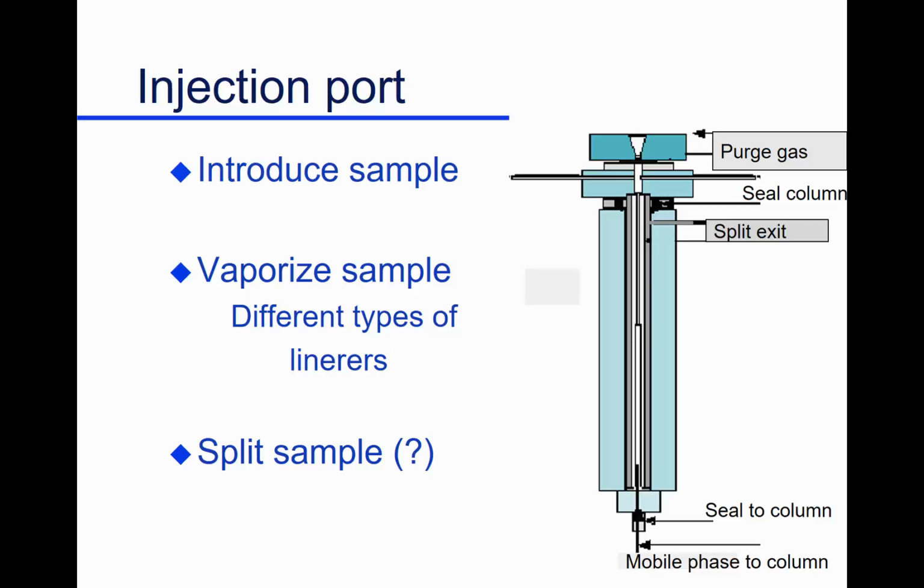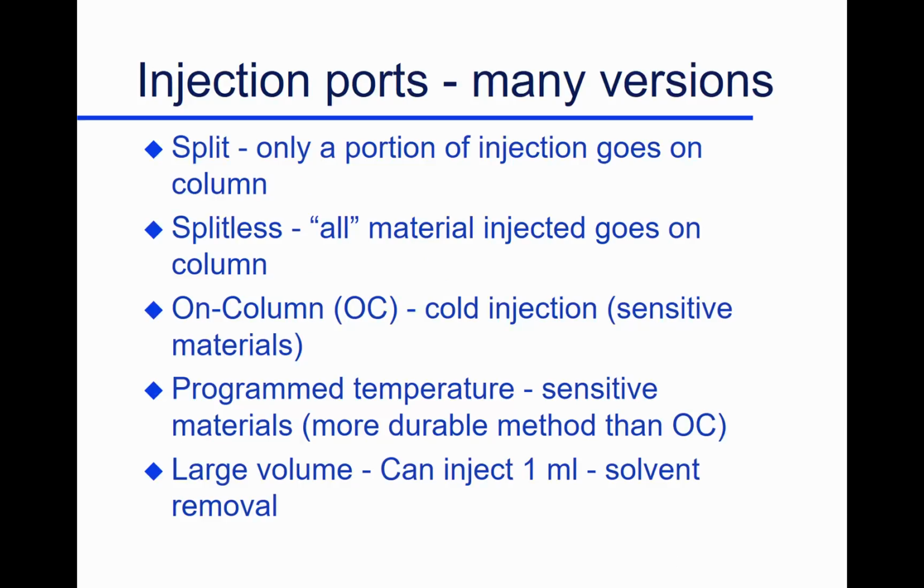Whenever somebody has a problem with their gas chromatograph, they're not getting anything out of it, it's one of the first places I look. Is our gas coming in here, going out the top? Is it leaking around these seals? So they're a very important part of how we inject our sample and how we vaporize that sample. There are different types of these injection ports, different styles for different purposes.